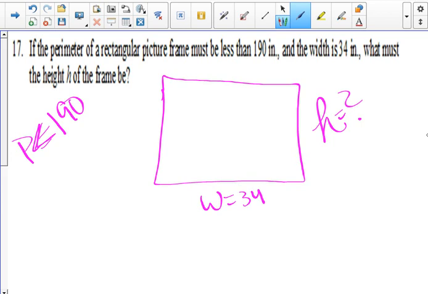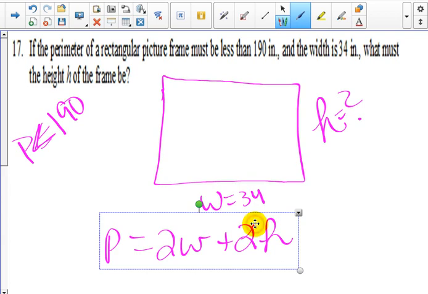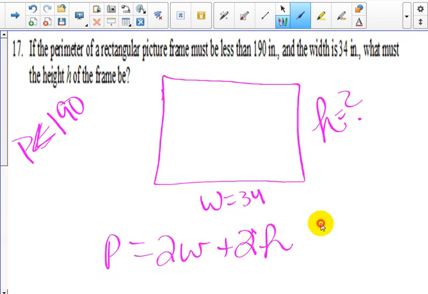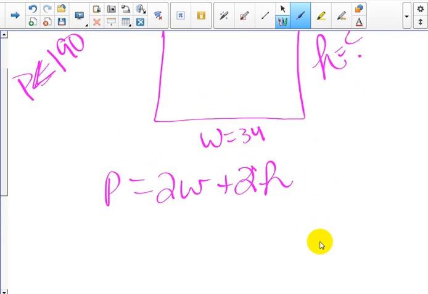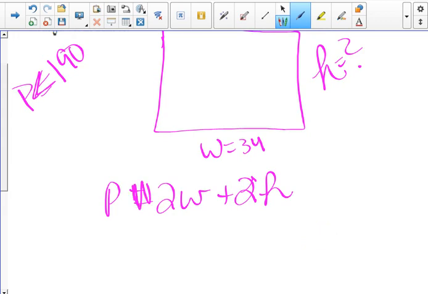So that's our unknown. We do know the perimeter formula for a rectangle is P equals 2 times W plus 2 times the height. Now let's replace our equal sign with our inequality.